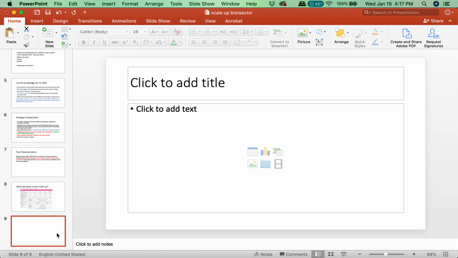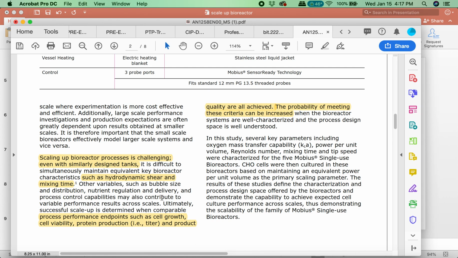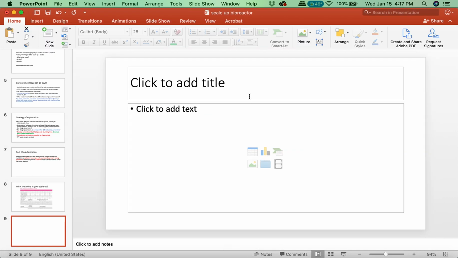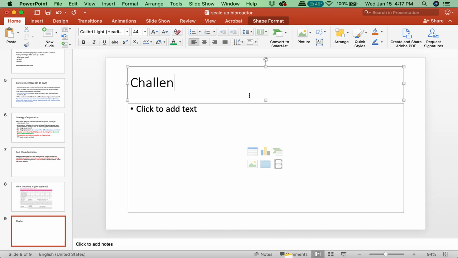So this paragraph is also important. What are the challenges for the scale up?